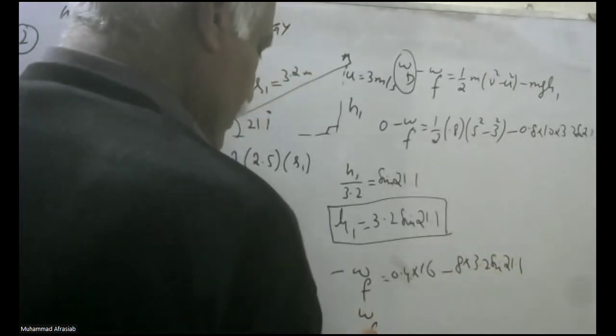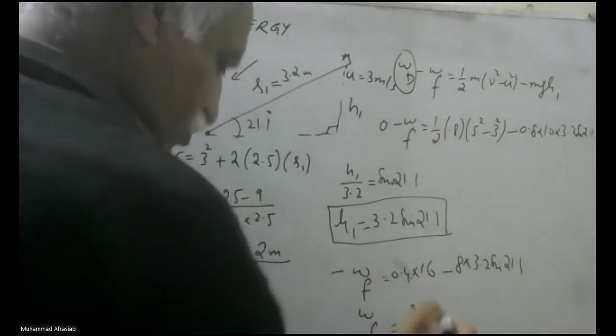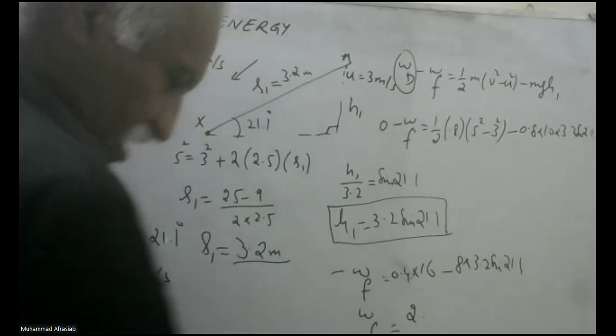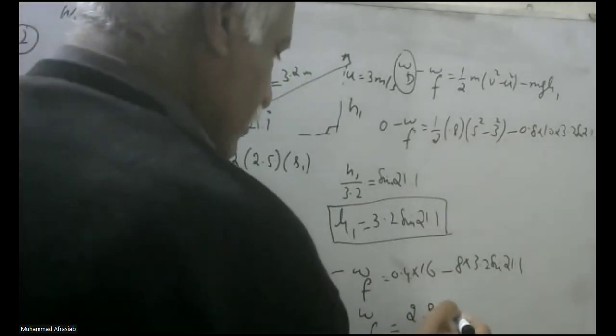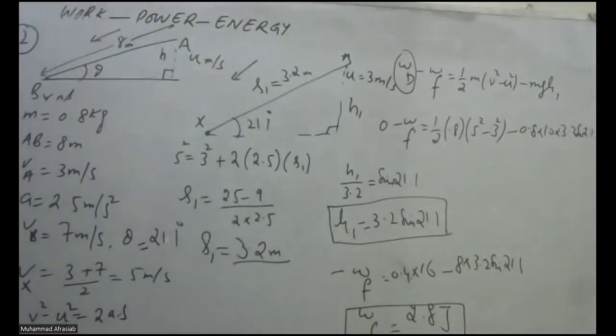The work done by the frictional force on the particle is calculated to be 2.8 joules. So this is the work done due to the frictional force on the particle in this motion when it is at X, where the speed at X is the average of A and B.